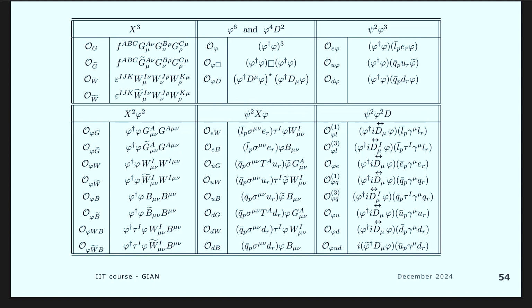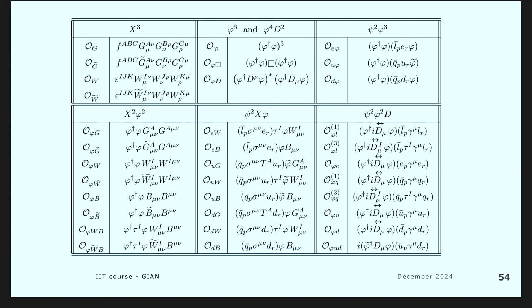Let me just mention that many of these operators you may have met, in the sense that they produce effects that are regularly talked about, like the rho parameter or the oblique parameters, which are good probes of new physics.